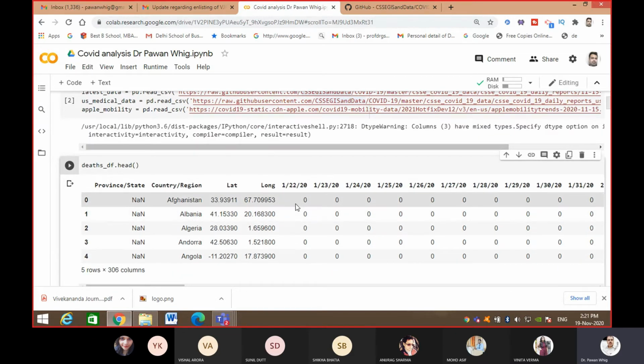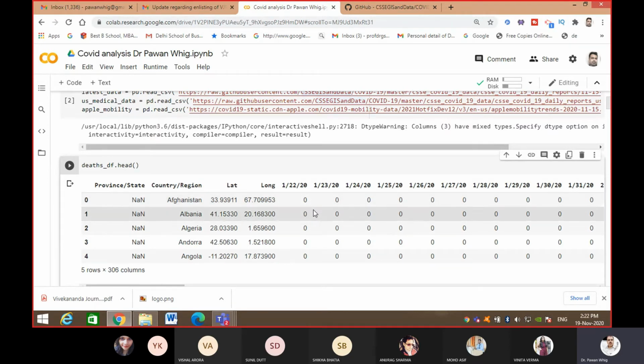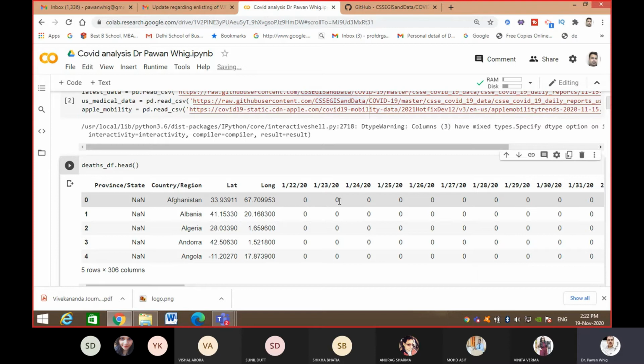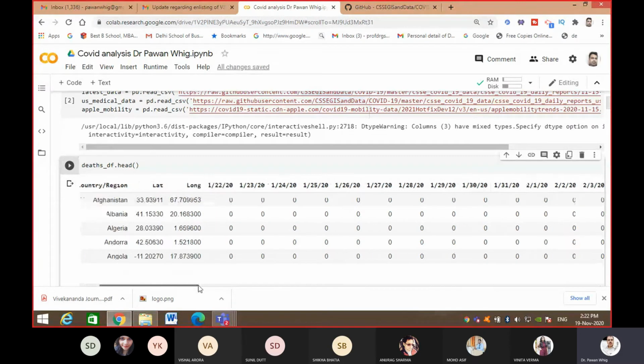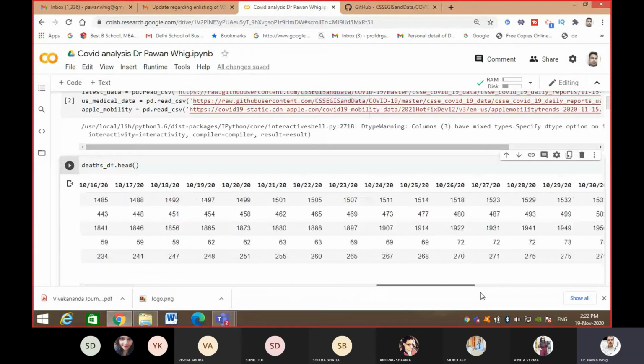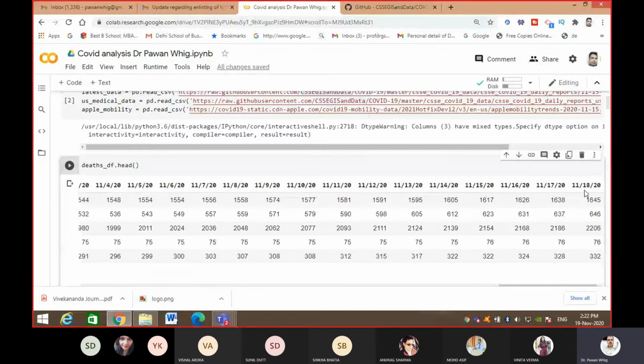In Afghanistan there was no COVID during that time, so there is no death due to COVID. That's why it is shown zero. But as we progress towards today's date, you see on 18th of November there are a total of 1645 deaths counted in Afghanistan, particularly that country.